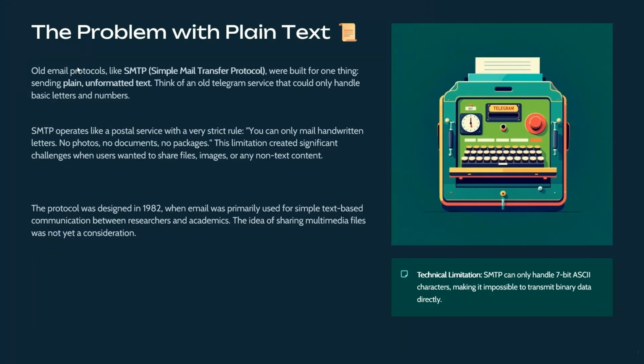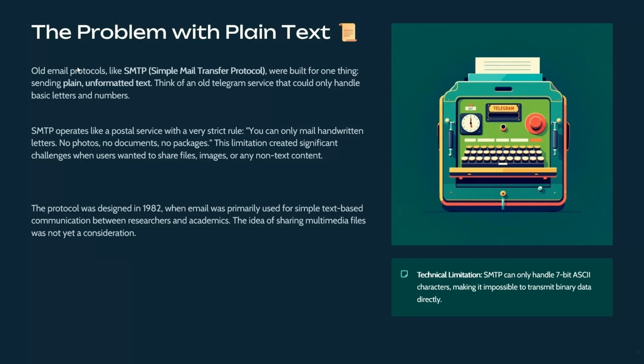The only communication left is an old postal service, and they do not have any photo, document, or package delivery system available. So the only thing you can deliver to another person is mail, letters. This limitation was there with plain text as well, and it created significant challenges when users wanted to share images or files.